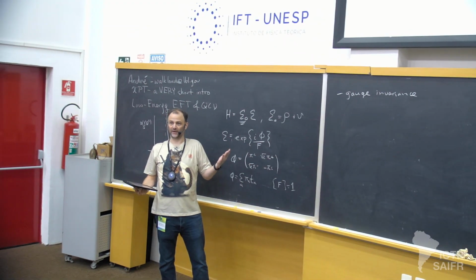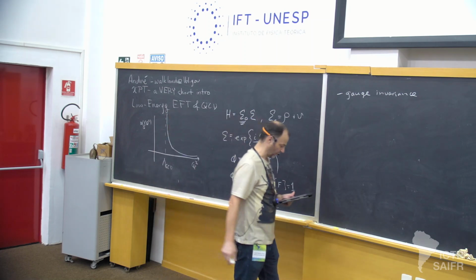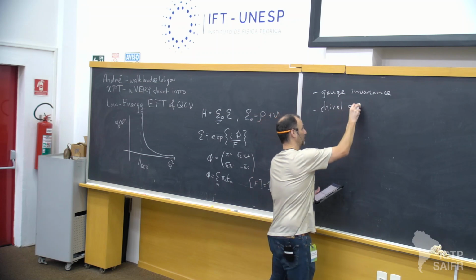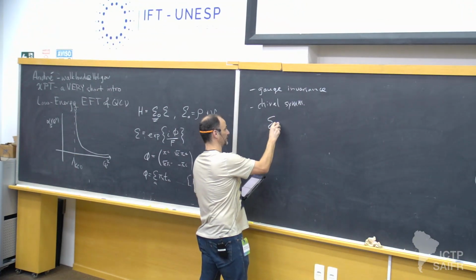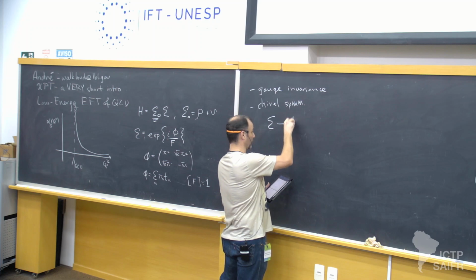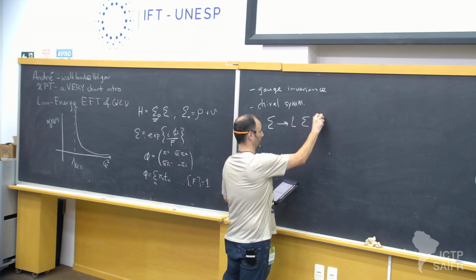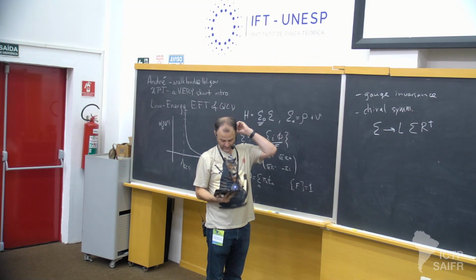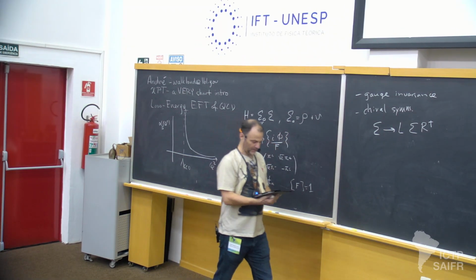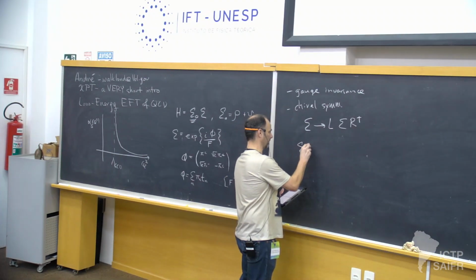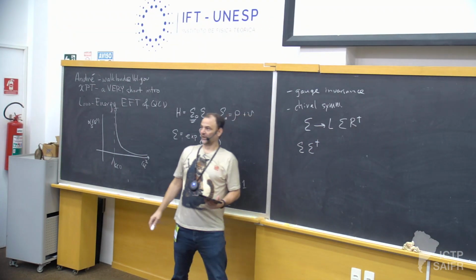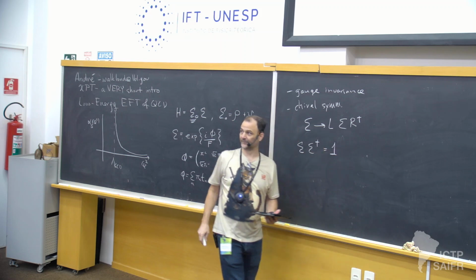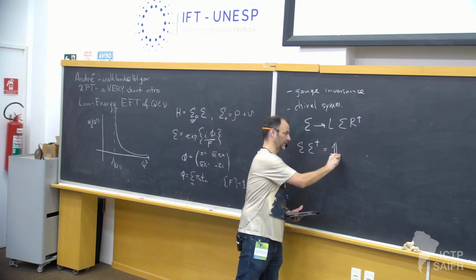So it's automatically gauge invariant. Easy. Okay, what about chiral symmetry? What we're going to do is have sigma transform as sigma goes to L sigma R dagger. And this is motivated by our vacuum expectation of q bar q. So can we build an operator that looks like sigma sigma dagger? Well, we can. But that's trivial because it's just going to be proportional to the identity. And again, it's a matrix, so it's not 1, but it's a matrix identity.